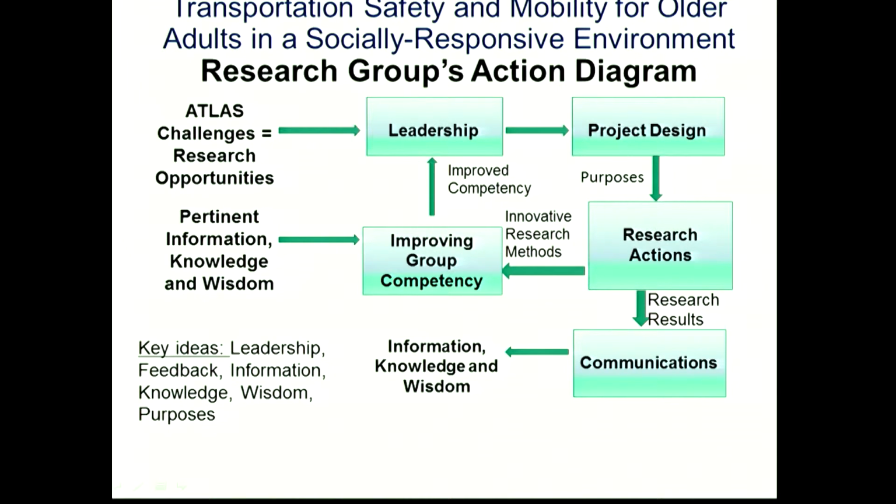And the purpose of the feedback loop is to keep improving our competency when three people with different backgrounds exchange ideas about what we're doing. And the idea of an opportunity came from the Atlas Challenge announcement. We immediately converted that into an opportunity to do this, to try and communicate at the end.